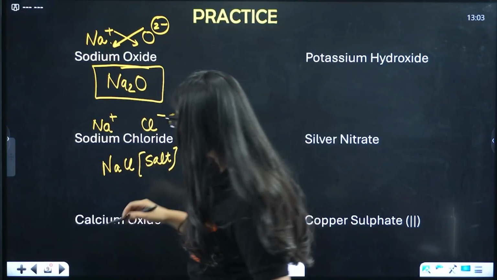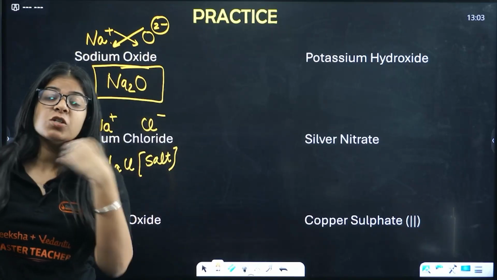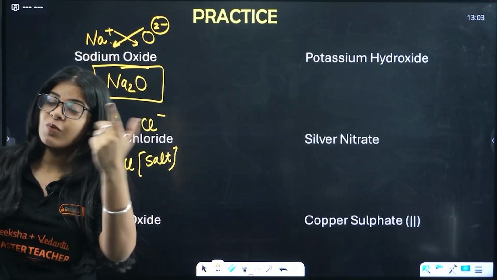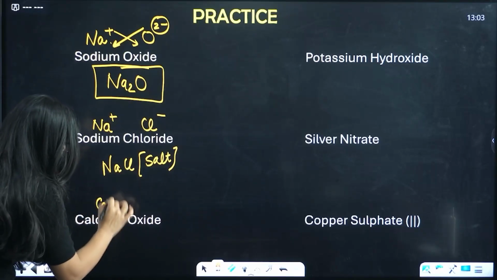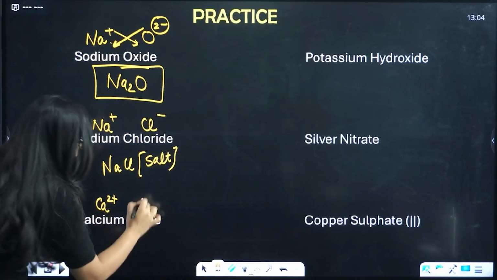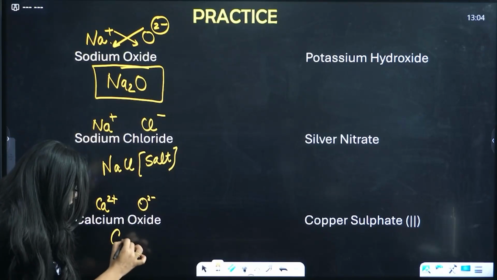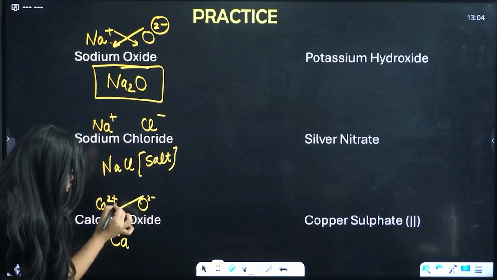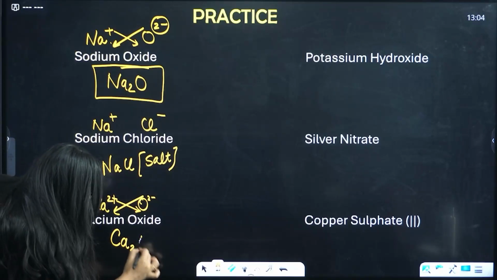Done. Then calcium oxide. Now remember, sodium was +1, but calcium was +2. So calcium is Ca2 plus and oxide was O2 negative. Then see carefully, the 2 goes in the foot of O and the 2 goes in the foot of Ca. Ca2O2.